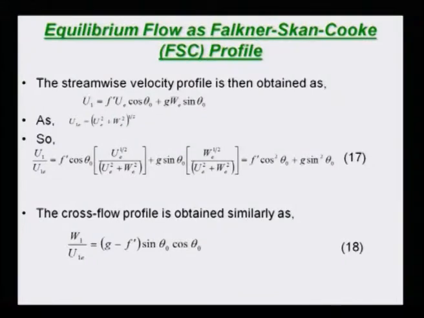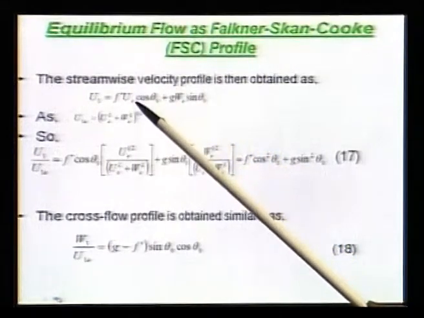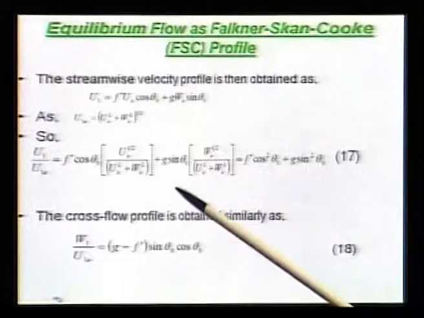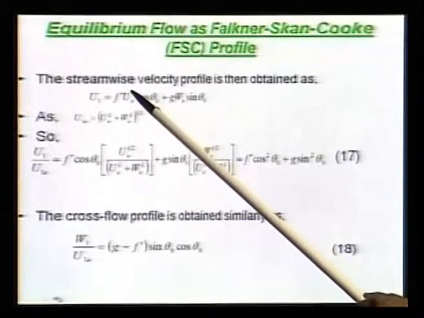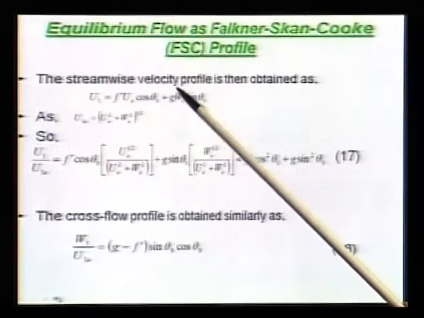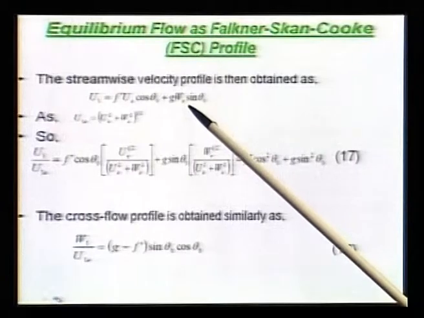You can very clearly see that u of y is nothing but f prime times Ue, because u by Ue is equal to f prime. Then I have this cos theta naught, and w is nothing but g times We.